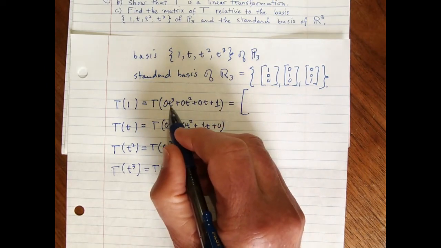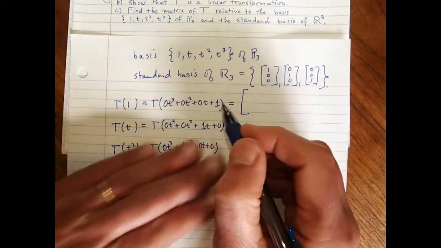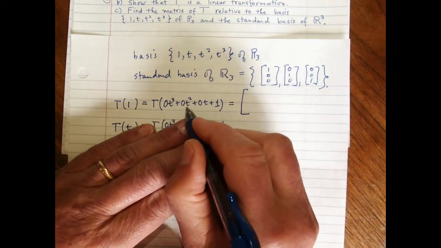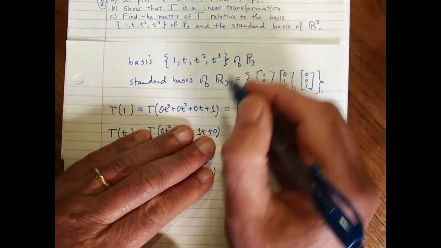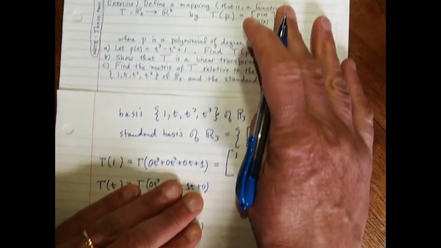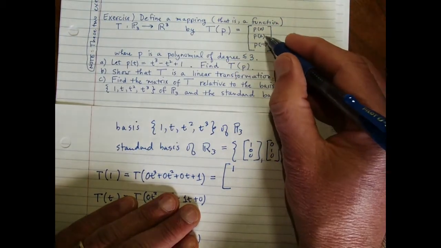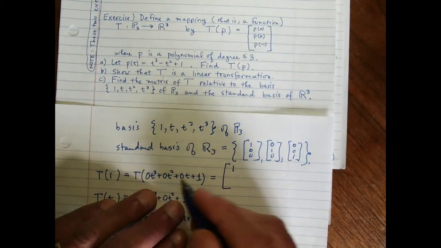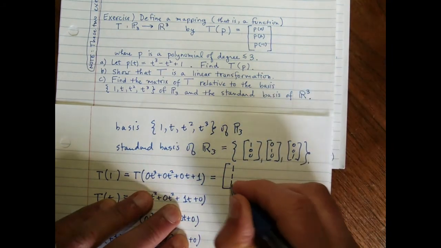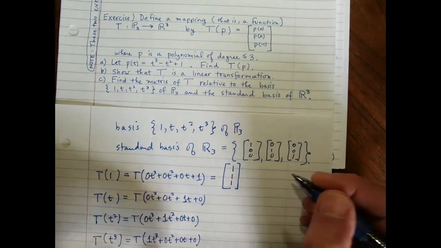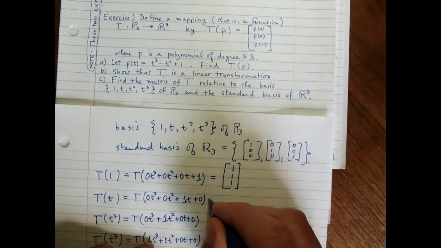Well, if I plug t equals 0 into 0t cubed plus 0t squared plus 0t plus 1, I get 1. If I plug in t equals 2, I get 1. If I plug in -1 for t, I get 1, because this is just the constant polynomial. You get the value 1 no matter what value of t you plug in.